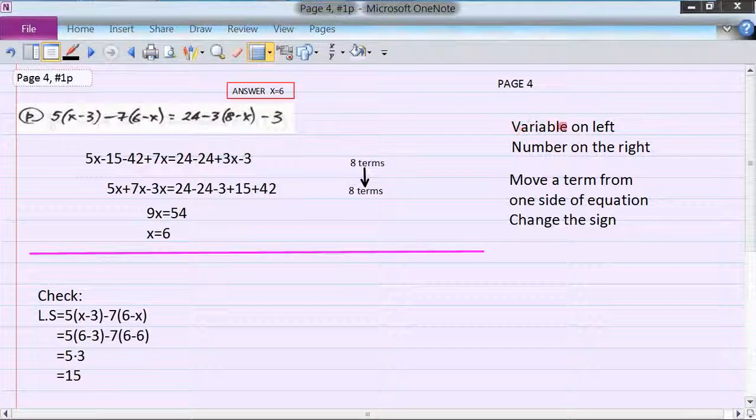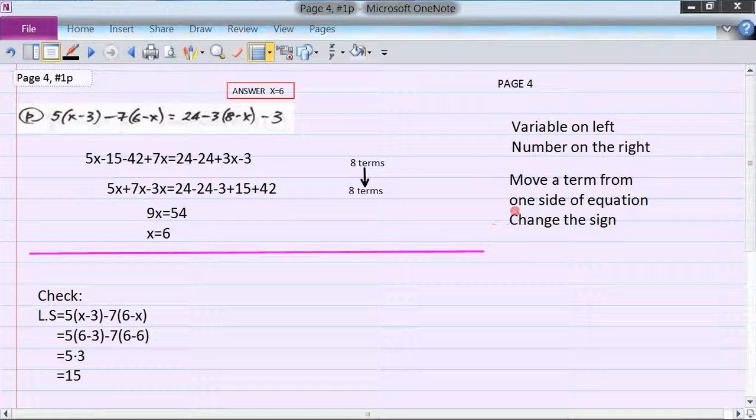Now, what we learned in the previous lesson is that we always want the variable term on the left, and the number on the right. And we also learned that when we move a term from one side of the equation to the other, we change the sign. So that's what we want to do.